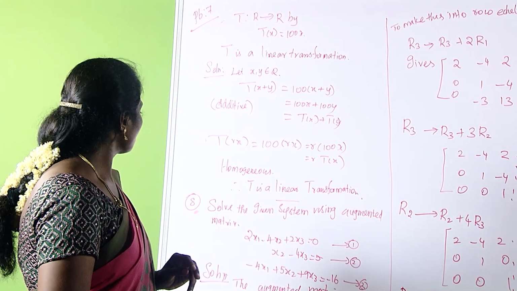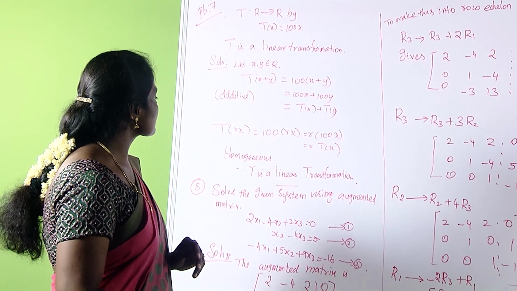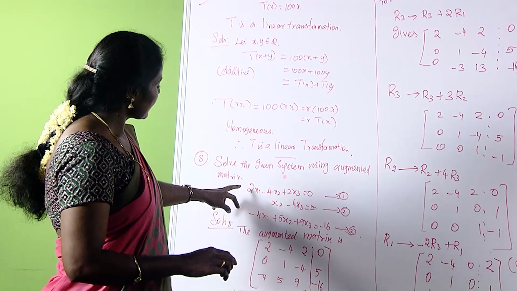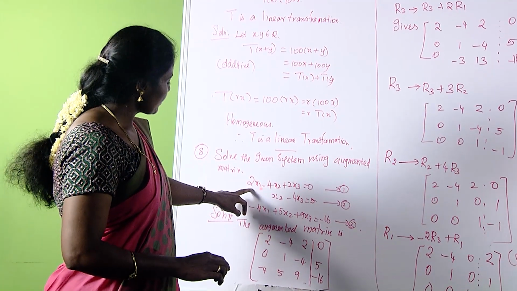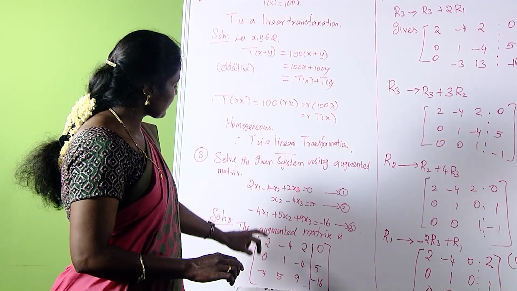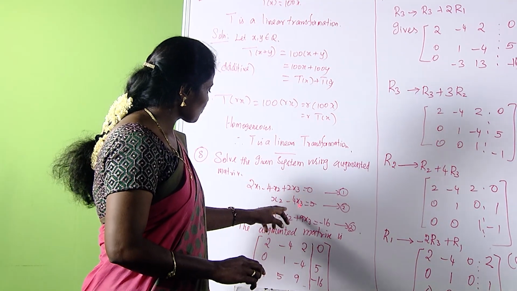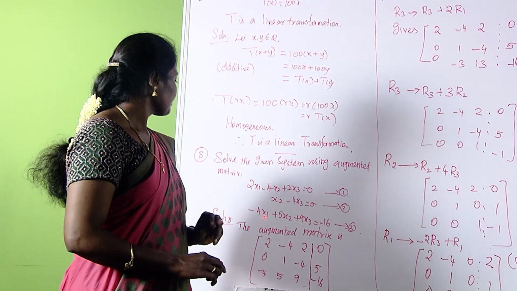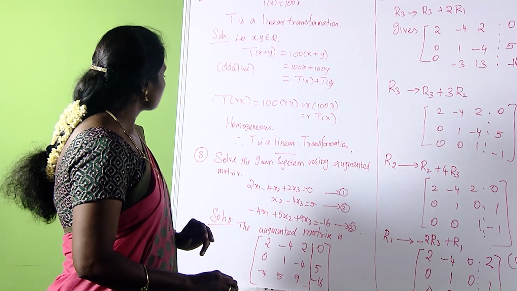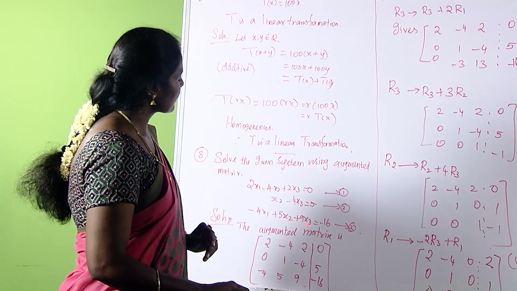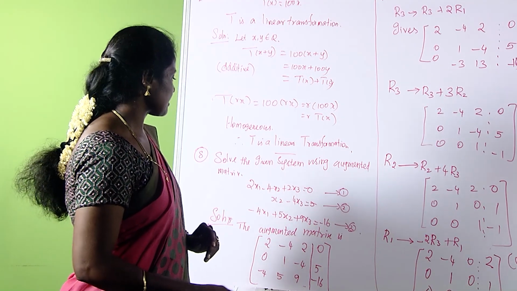Now, we are going to solve the given system using the augmented matrix concept. There are three equations: 2x1 minus 4x2 plus 2x3 equal to 0; x2 minus 4x3 equal to 5; and the third, minus 4x1 plus 5x2 plus 9x3 equal to minus 16.